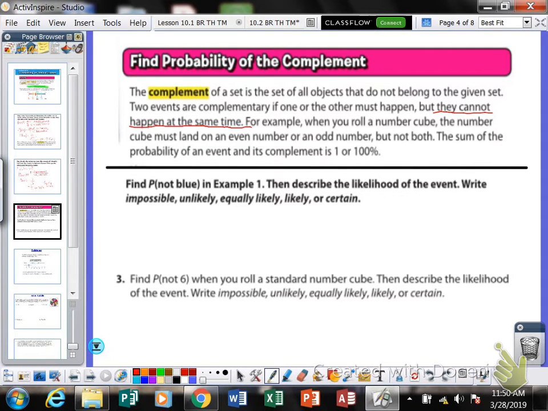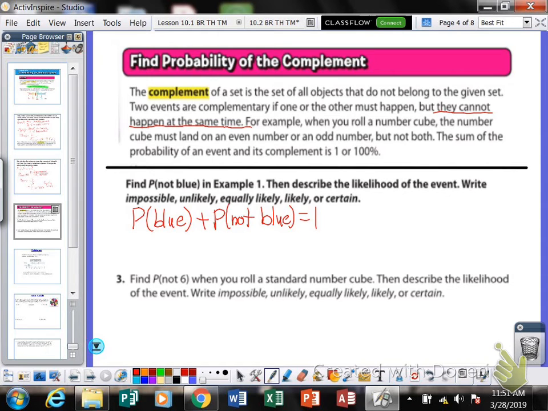Okay, so selecting a blue marble and not selecting a blue marble are complementary events. So the sum of the probabilities is 1. Okay, so we'd write our equation as probability of blue plus probability of not blue. That's going to equal 1.